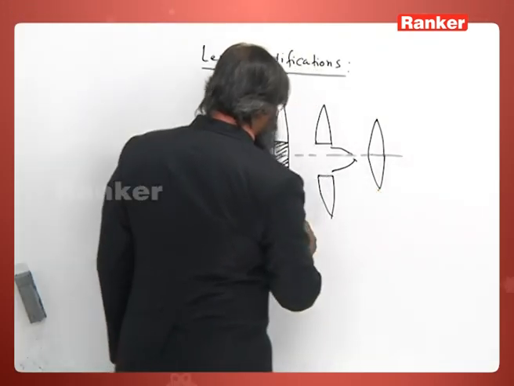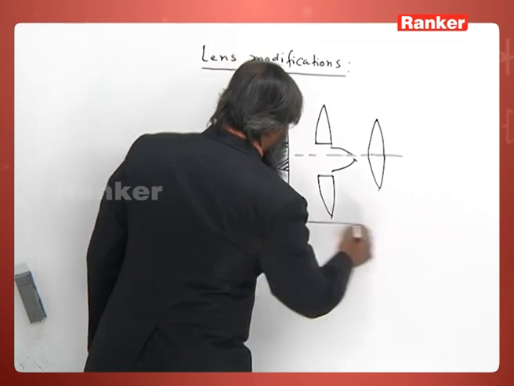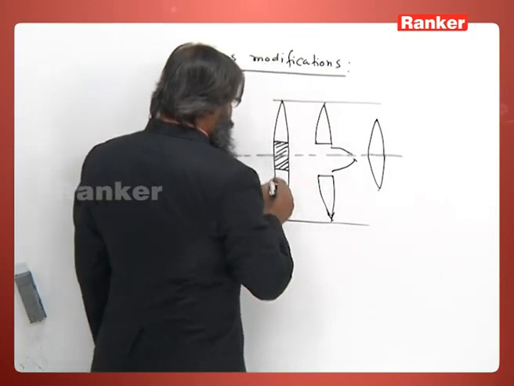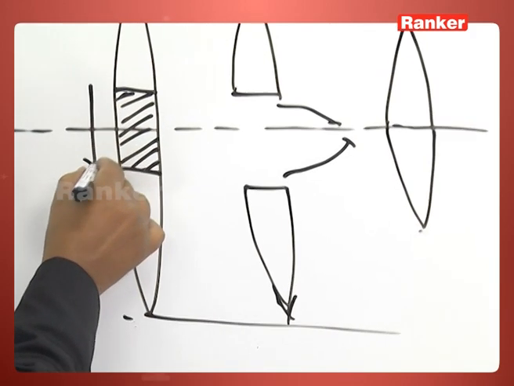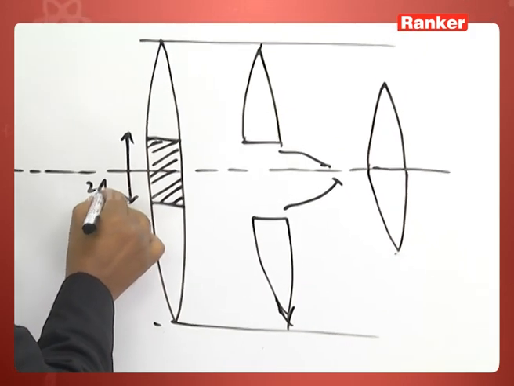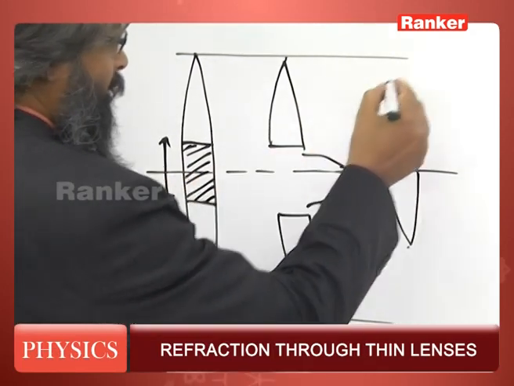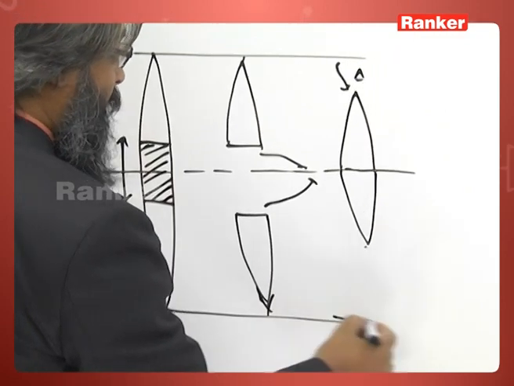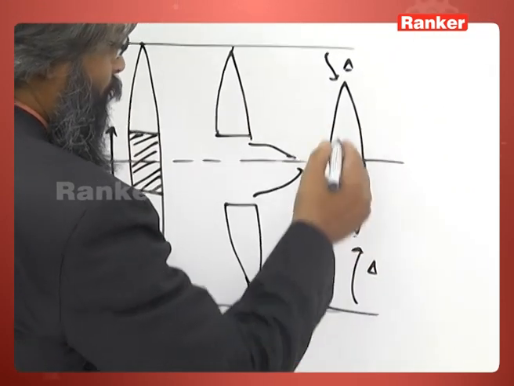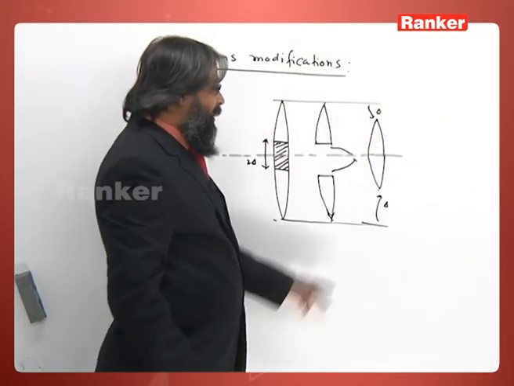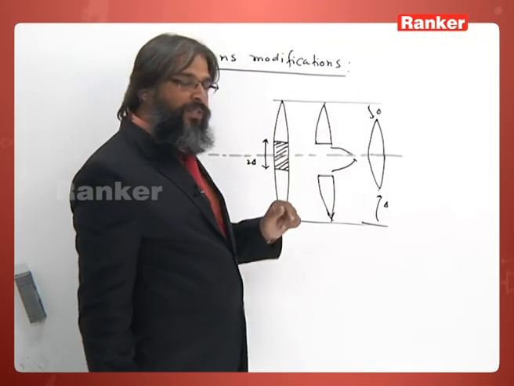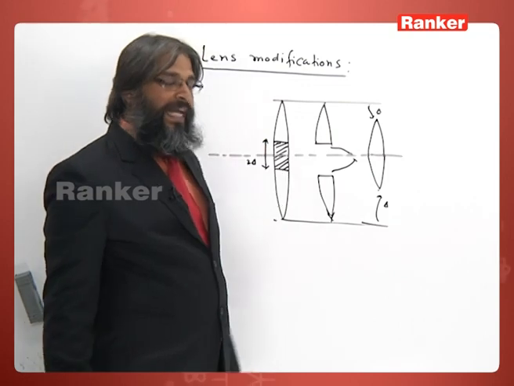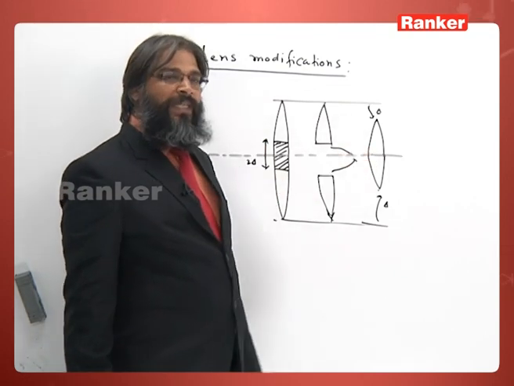So you see here, if this distance is 2 delta, then what happens? This point goes below by delta and this point also goes below by delta. Now this is a composite lens which is behaving as 2 different lenses with different optical axes.